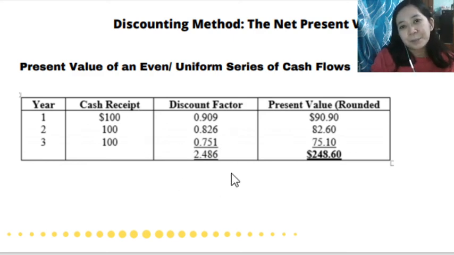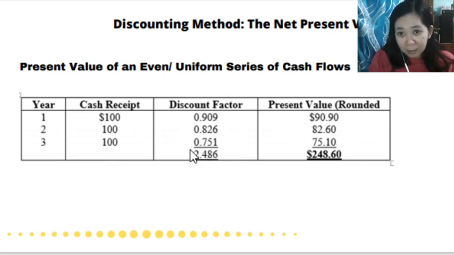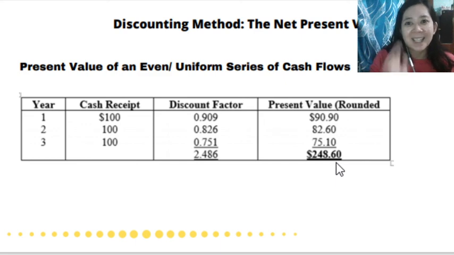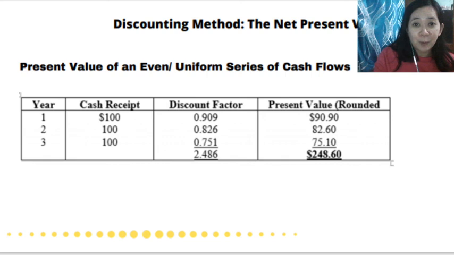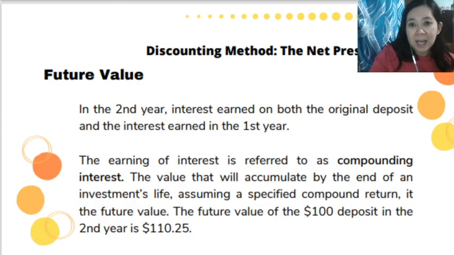To get the present value of $248.60, you can also directly use this discount factor, 2.486, times your cash receipt of $100. That is equal also to $248.60. Again, this is the case under the present value if there is an even or uniform series of cash inflows being received.